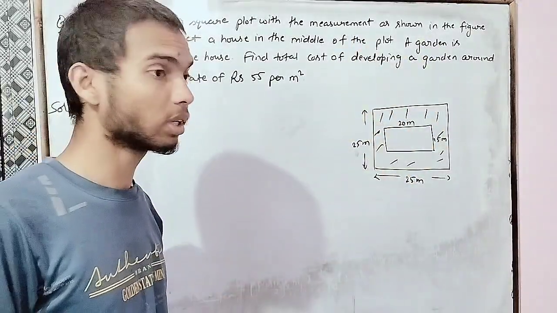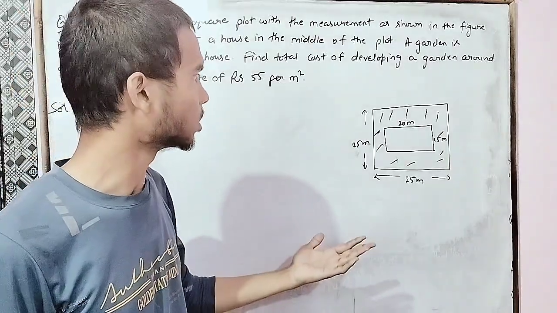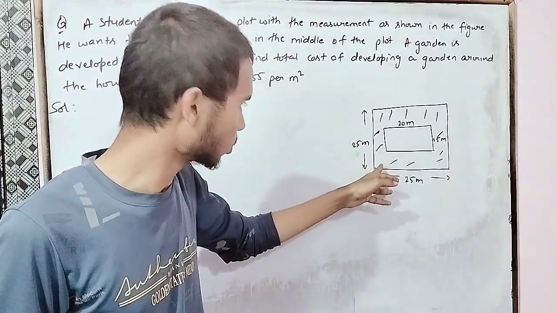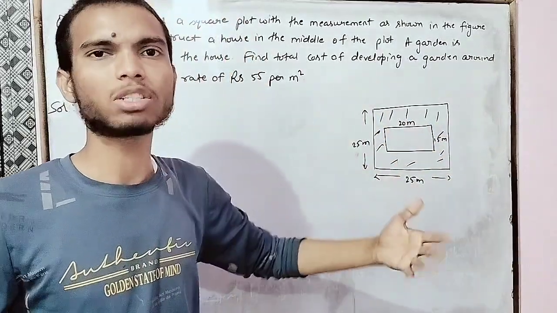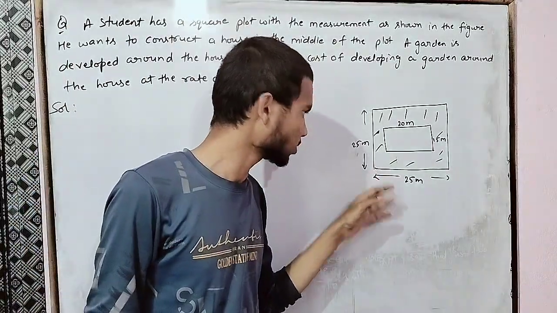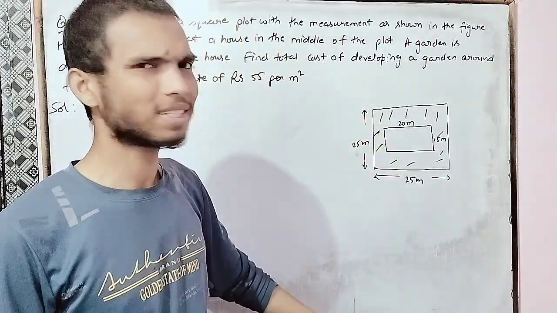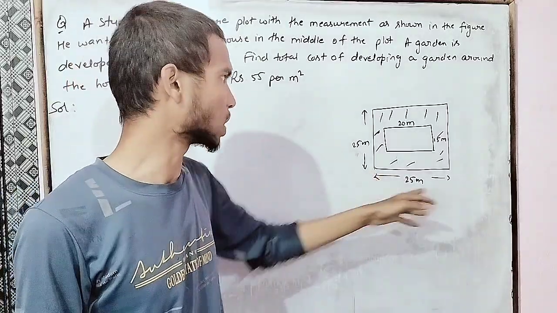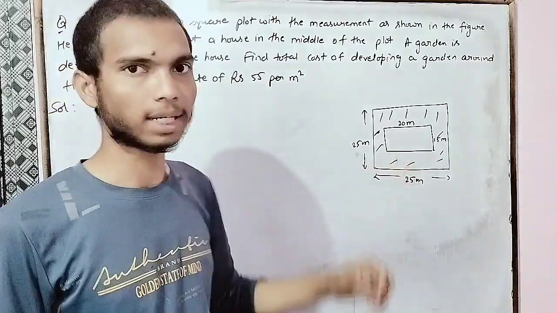So first of all, we should have the total area of this garden. How is it possible to know? It is very possible. First of all, we will find the total area of this square, then the total area of this rectangle.